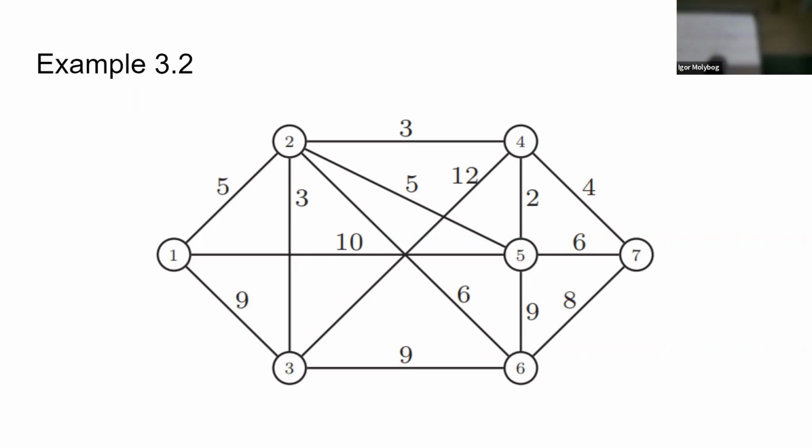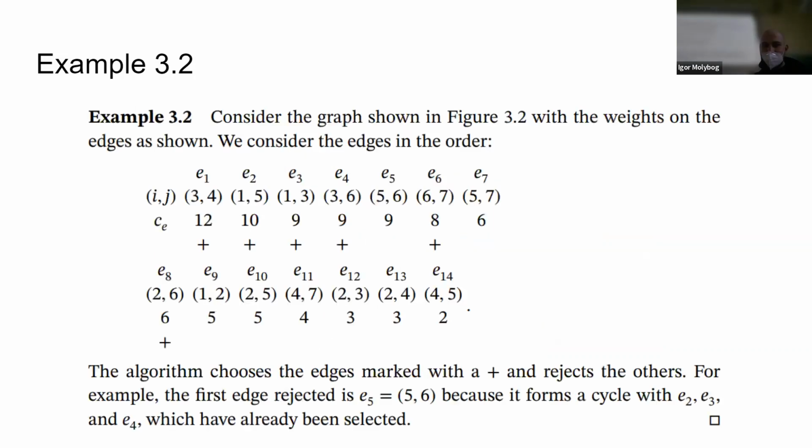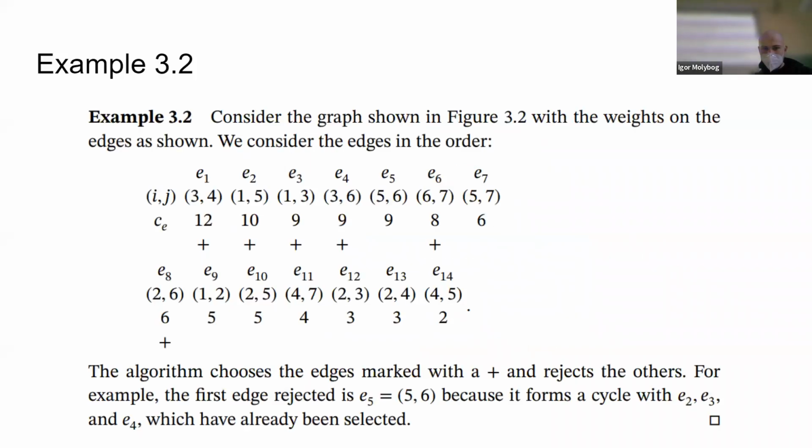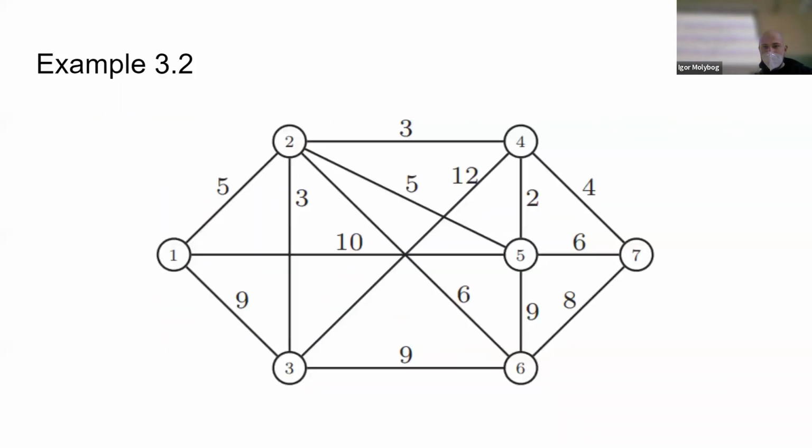With an additional edge, if we consider the fifth edge, 5, 6, the new edge 5, 6 will in fact add a cycle, because this edge and this edge, all of them will appear in our graph.